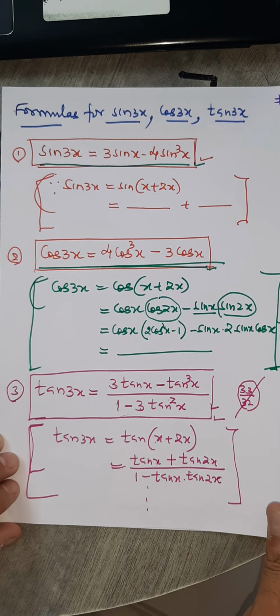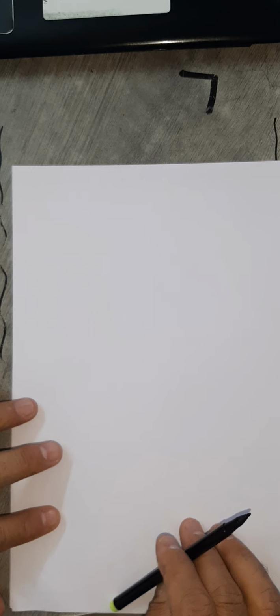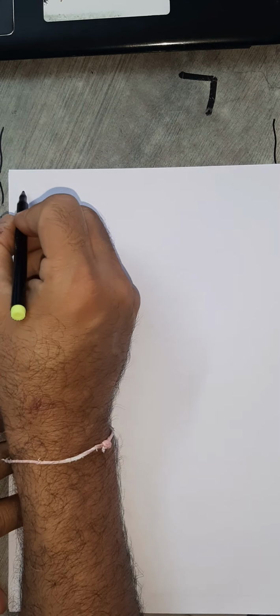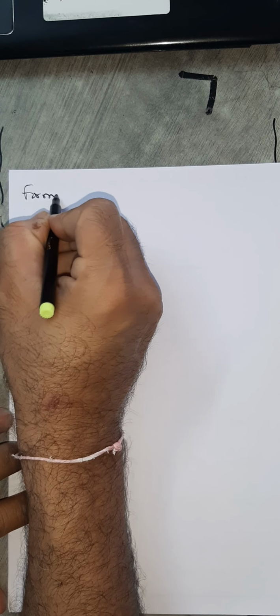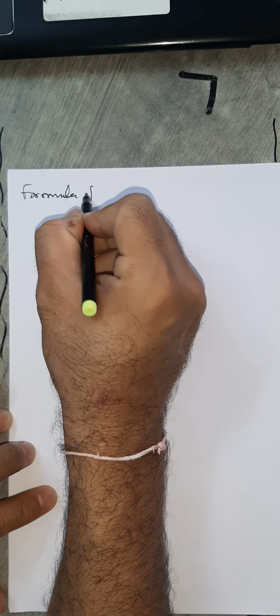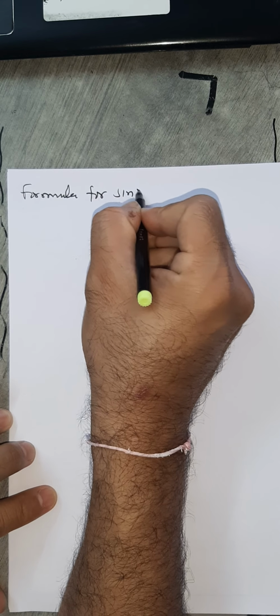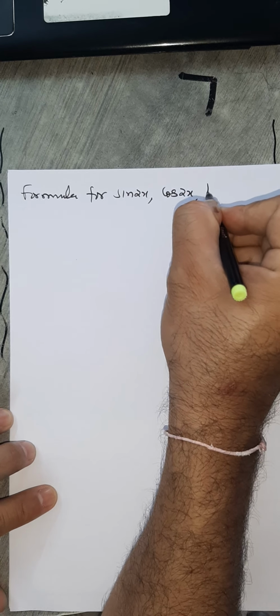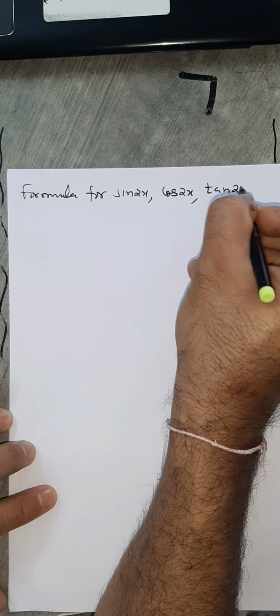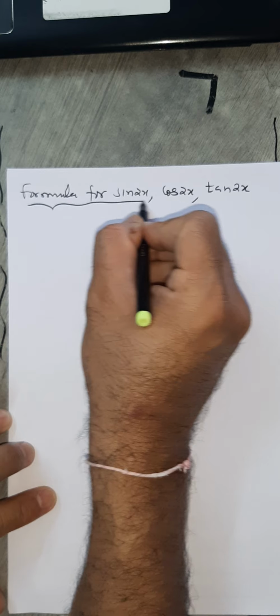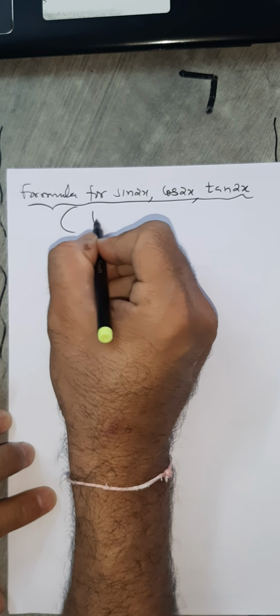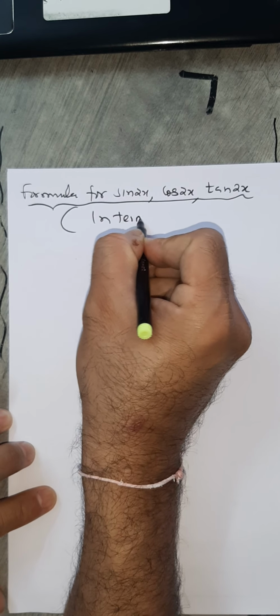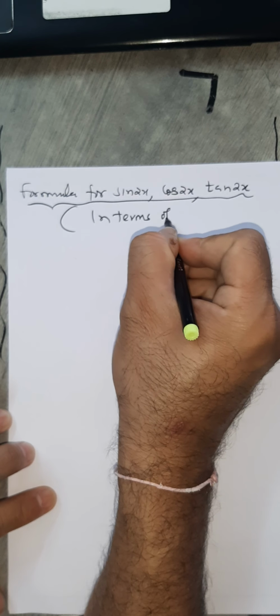Okay. Now the next one is the formula for sin 2x, cos 2x, and tan 2x in terms of tan function.